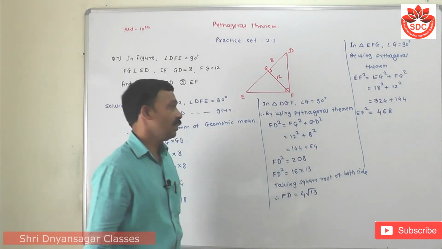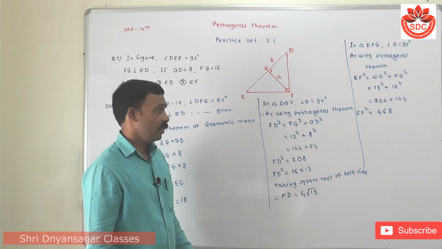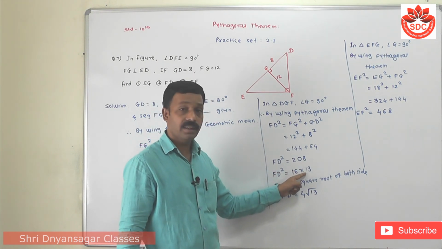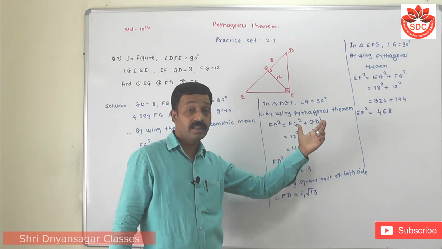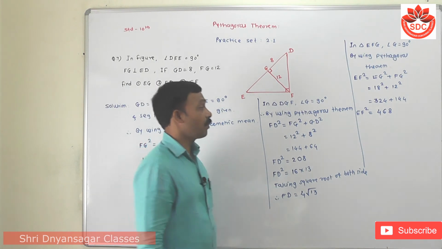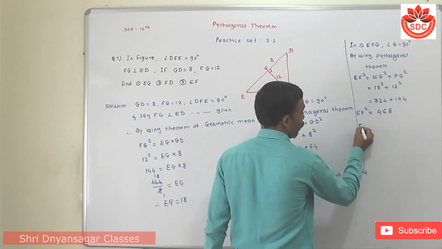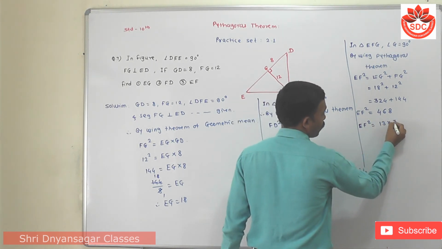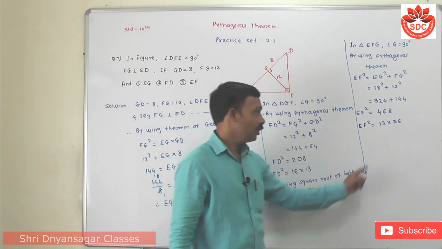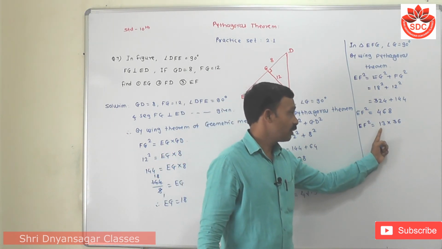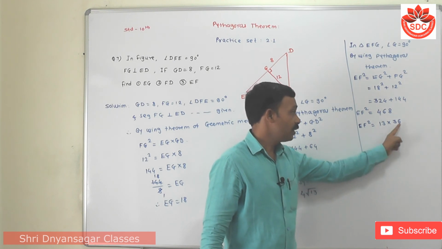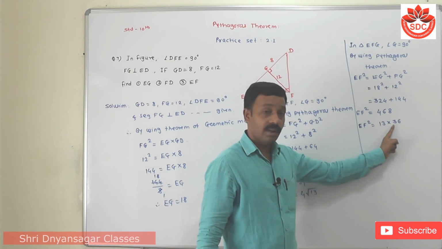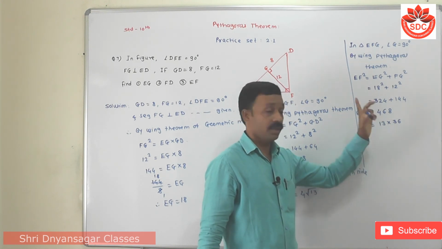That gives 468. Students, if we think about factors of this too, considering the previous one where 13 came, there may be a related number. Suppose we take the product: EF square is equal to 13 into 36. Then look at this product, 36 into 13. 13 6s are 78, carry 7. 13 3s are 39 plus 7 becomes 46.